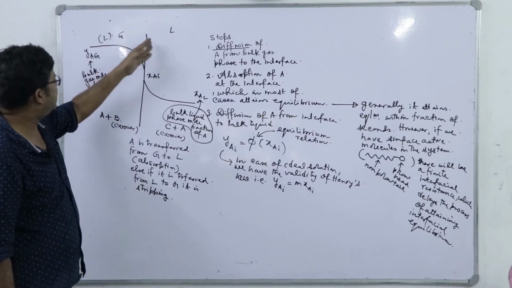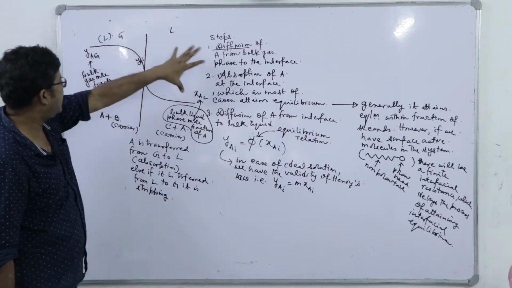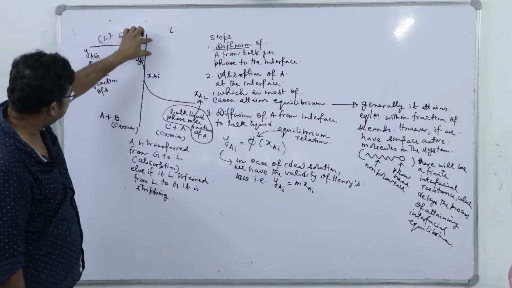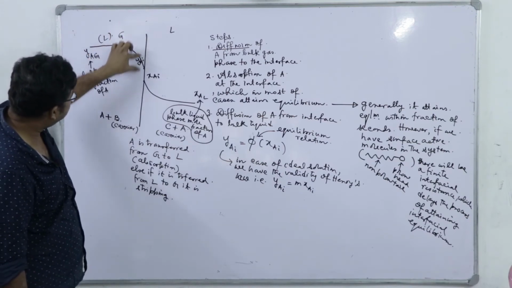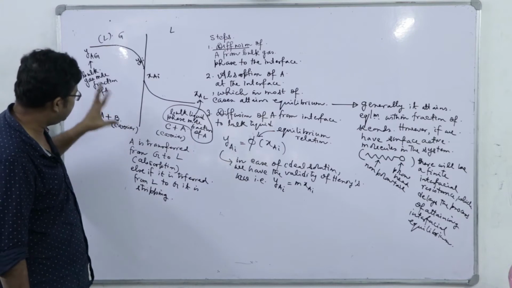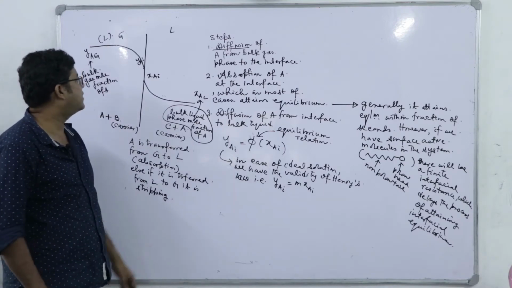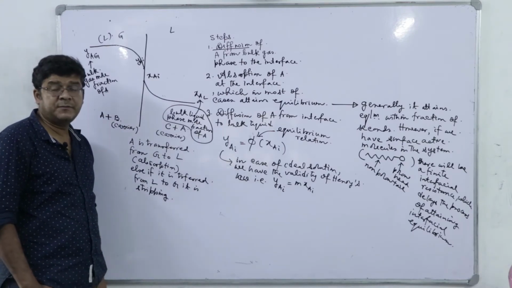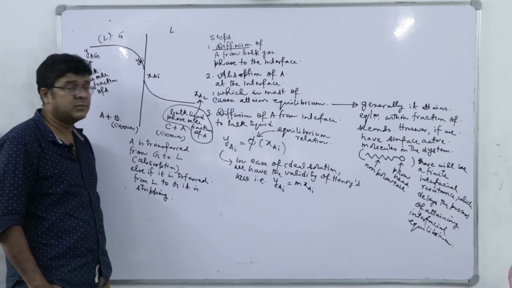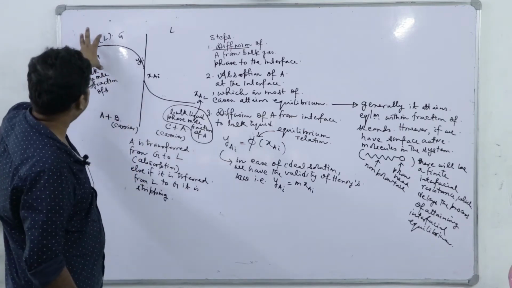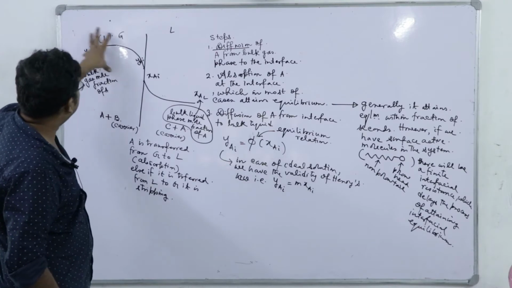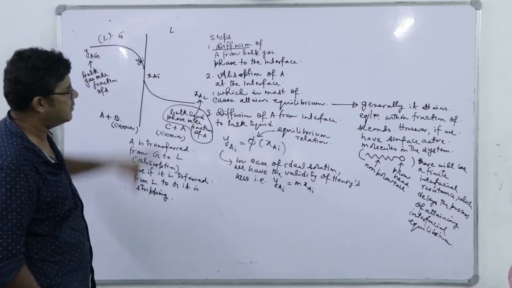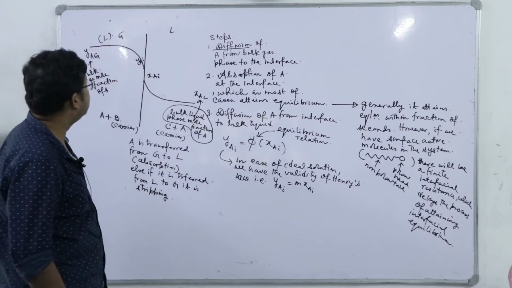If both sides are undergoing turbulence in the bulk, close to the interface we have the laminar sublayer, and here it is quite evident that we will have the diffusive resistance, which is maximum. If it is a steady state process, the rate of mass transfer on both sides must be the same, right.